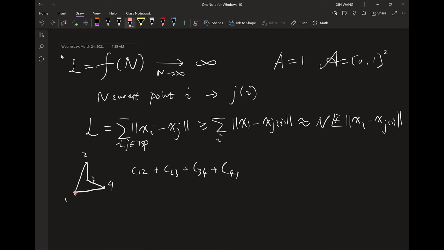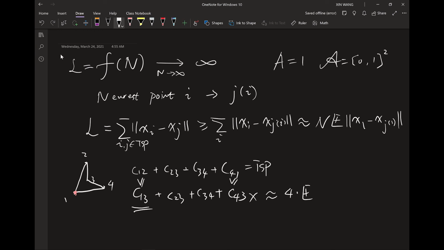So if we add the distances together, 1 to 3, 2 to 3, maybe 3 to 4, and also the nearest distance to 4, maybe 4 to 3. We can see 1 to 3 is definitely smaller than or equal to 1 to 2, and 4 to 3 is smaller than or equal to 4 to 1. So this is a TSP distance, and this is not. But this one gave us an expectation of the nearest distance.